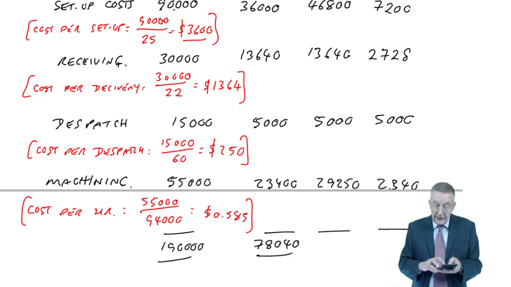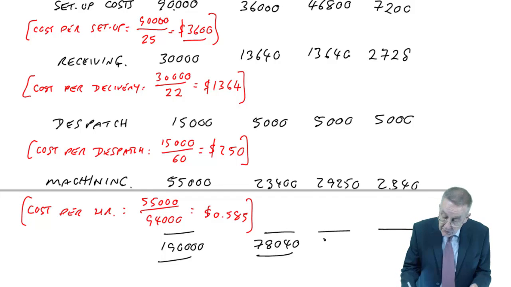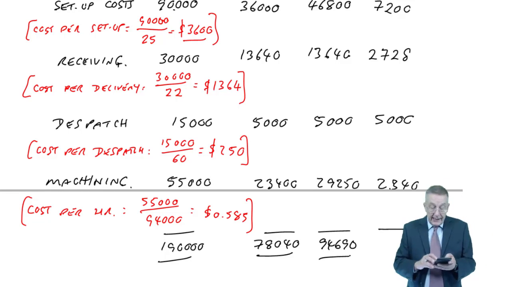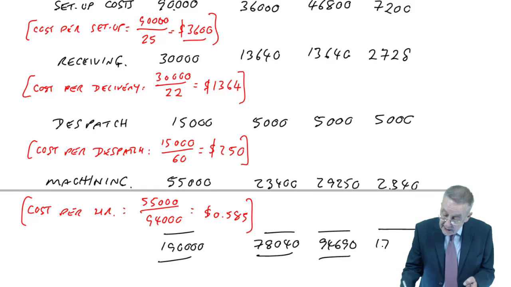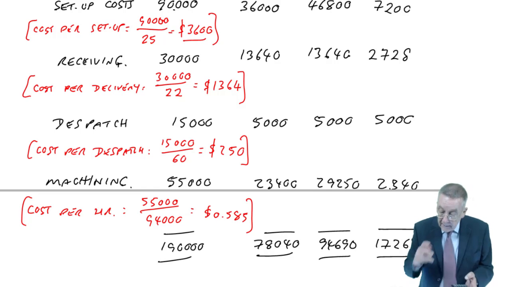what is it, 800? 13,640. $94,690. And for C, $17,268.